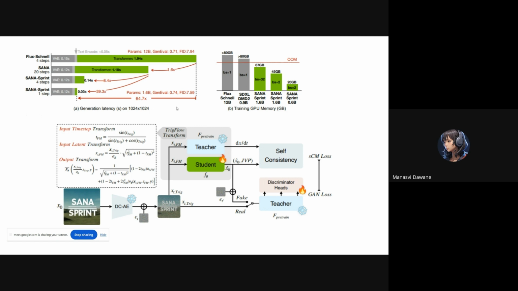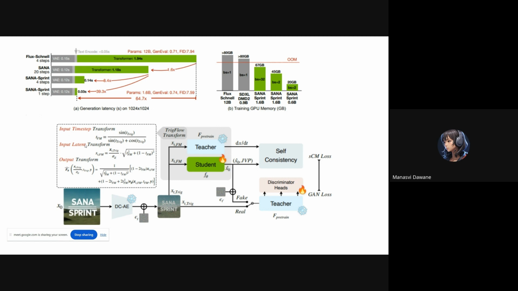Now, only this model needs TrigFlow, but the other two models were using flow matching. So in order to match this, these three formulas act as a bridge between all the models and this model, so that the gap is removed. So these three transforms convert that TrigFlow into flow matching.